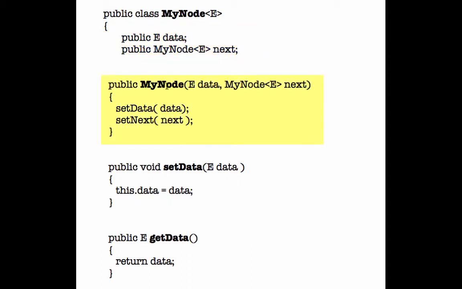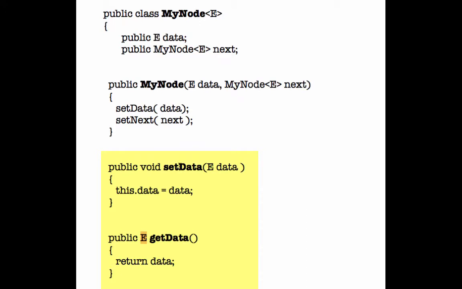The constructor requires precisely those two pieces of data: the object that I want to place in the node, and the value of the reference that I call next. As you can see, I'm using my mutators setData and setNext to do that. Then there are two accessors and two mutators, one of each for each field. getData simply returns the object that is on the node.